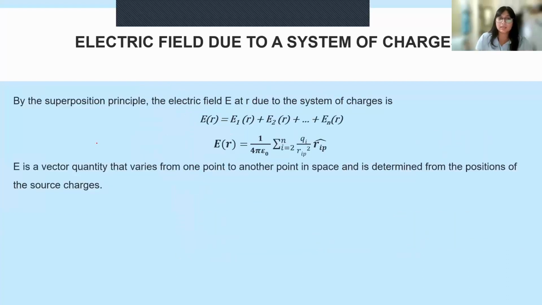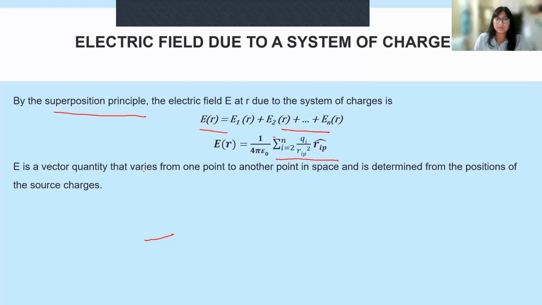Then it is going to be a vector sum because of the superposition principle. Due to the superposition principle, we can find the electric field E at R due to the system of charges. So it is a vector sum, a summation.